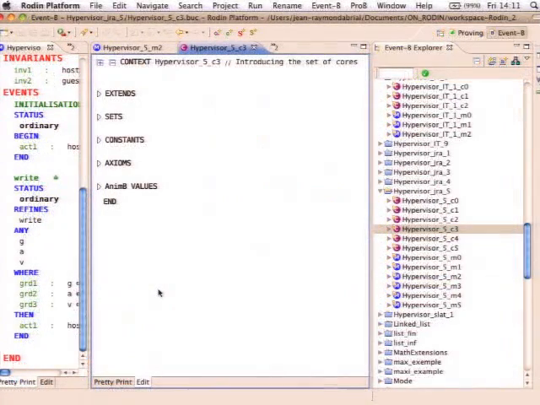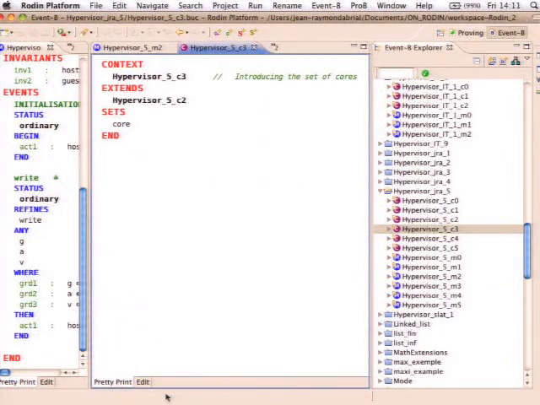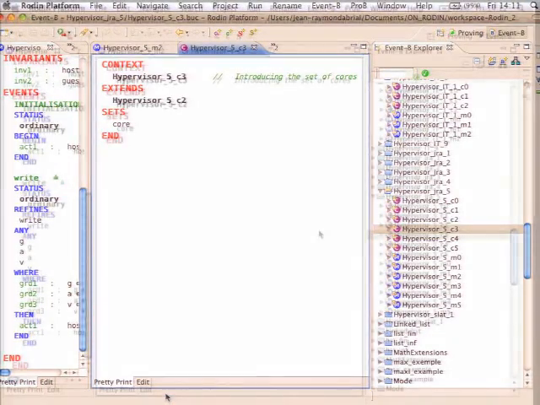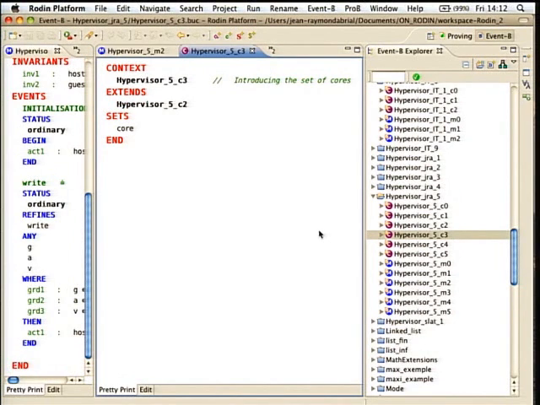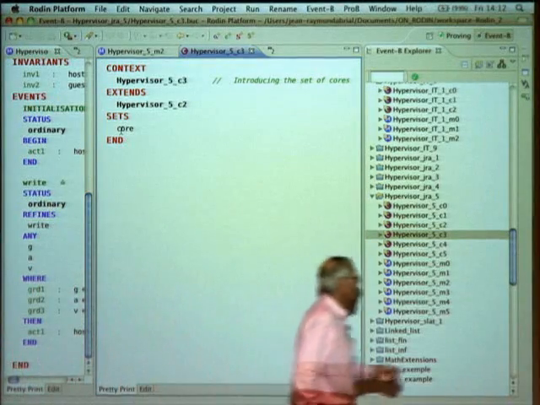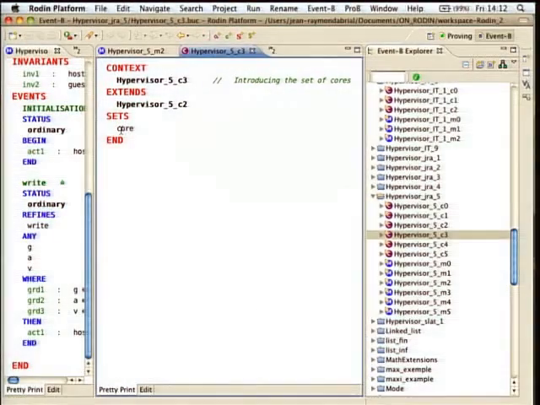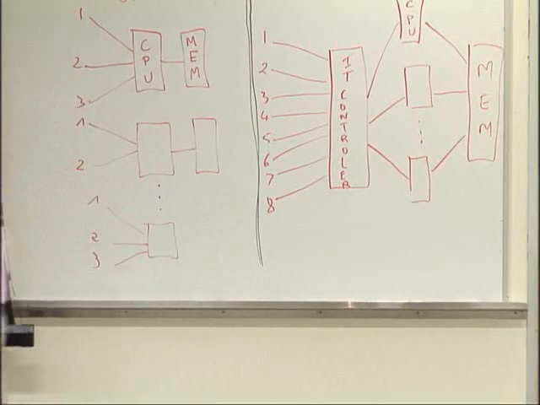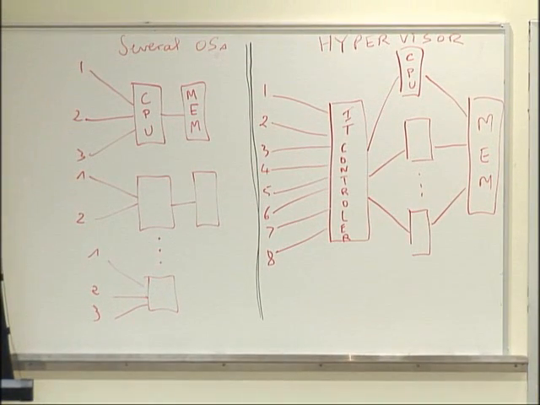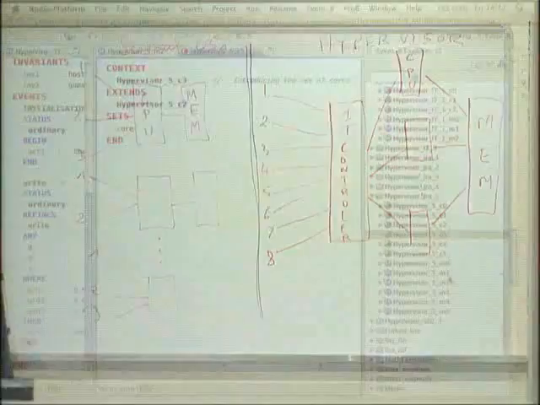C3, and C3 is defining the set of core, of course, and we have here the set of core. It's an abstract set defining all the cores that are used in the hypervisor. And now we have M2.